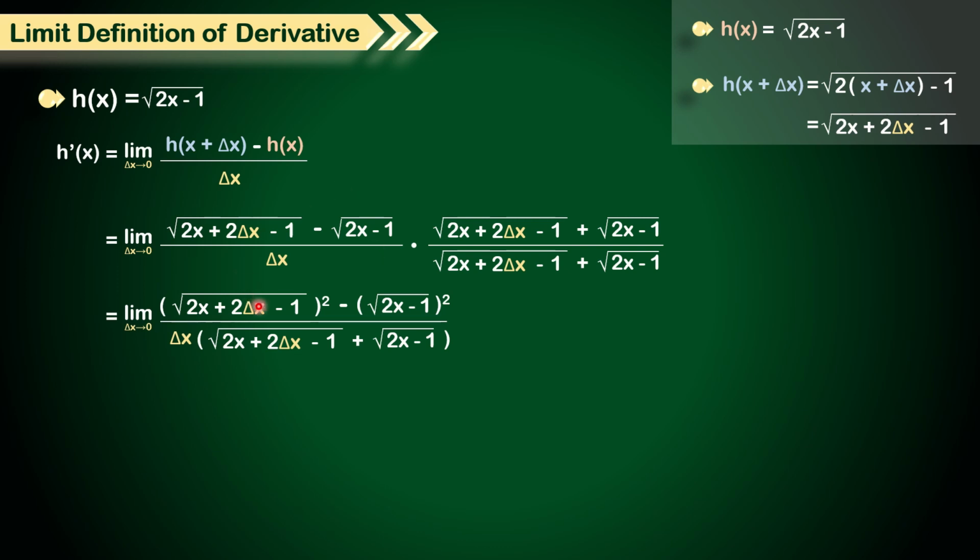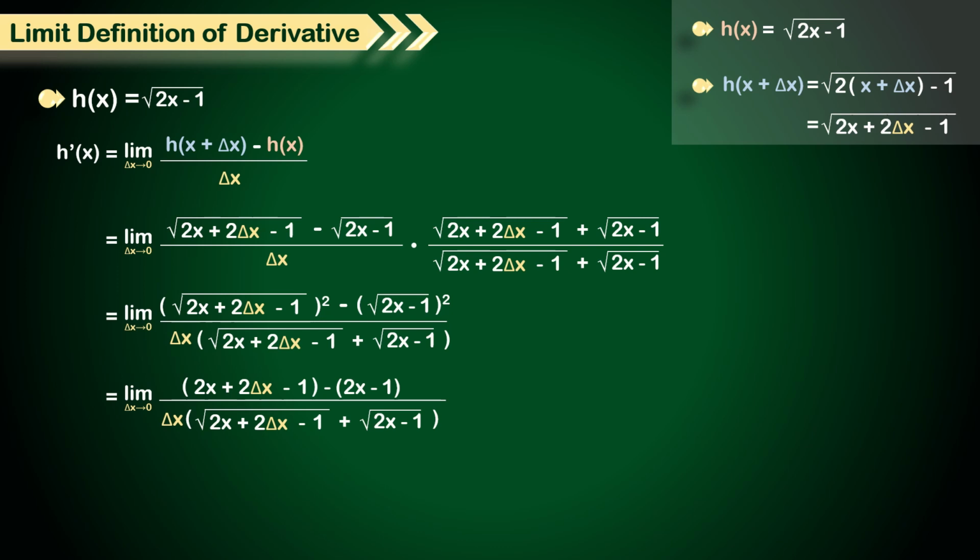Find the square of each term. Then, the square of the square root of 2x plus 2 delta x minus 1 is simply 2x plus 2 delta x minus 1, subtracted by the square of the square root of 2x minus 1, which is 2x minus 1, all over the entire denominator as delta x approaches 0.